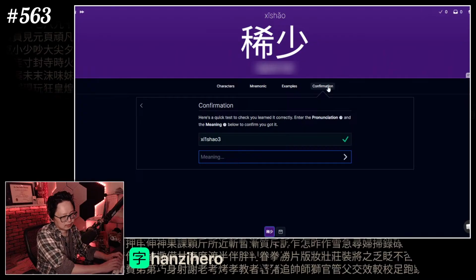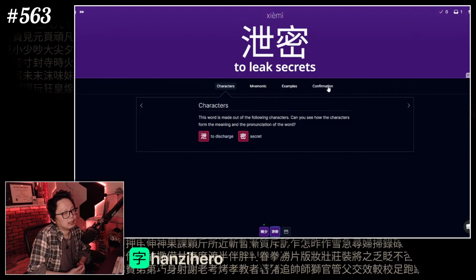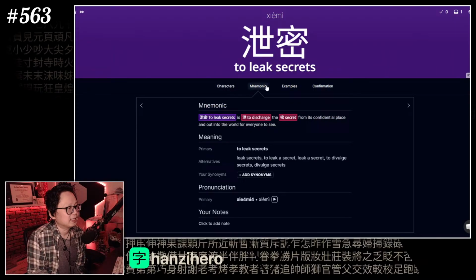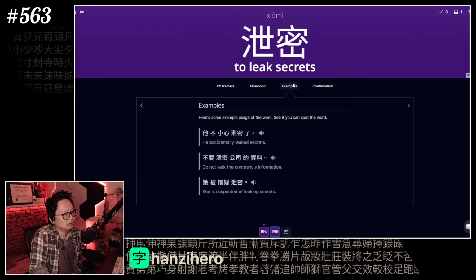稀少. Reading sentences deals with comprehension. 泄密. 泄 to leak and then secret, or discharge, that's fine too. 泄密. 泄 is weak though. What is that, the leaf thing to cover up the spill so people don't discharge? Yeah, 泄密. 他不小心泄密了。不要泄密公司的资料。资料, oh yeah, 4, it's 资料. 料 4, not 2.